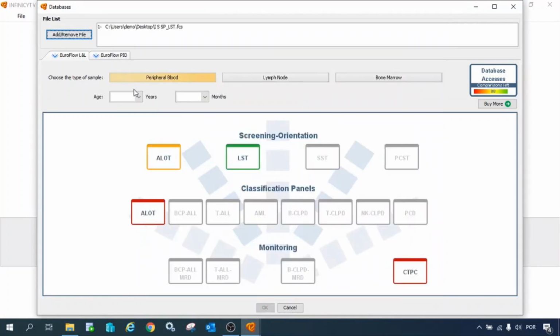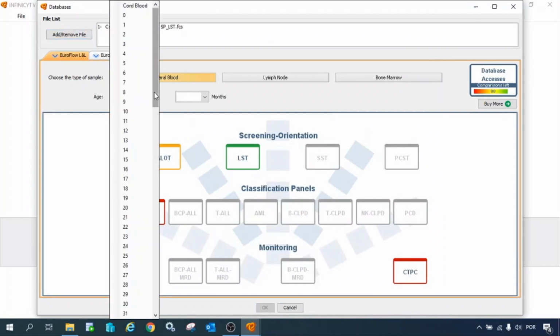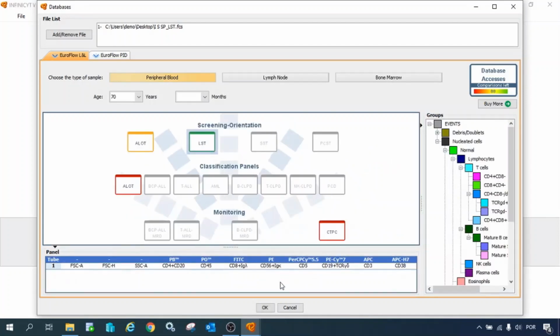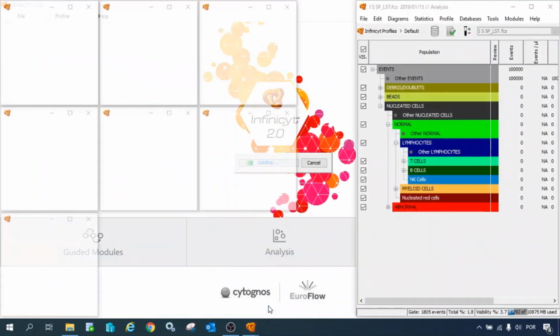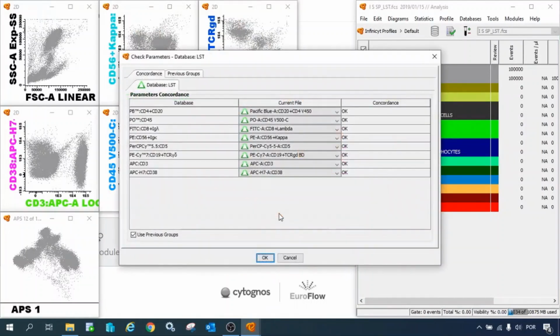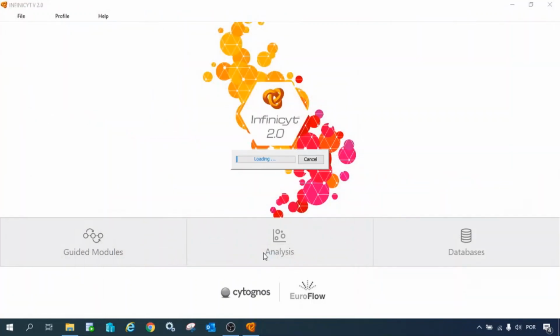Okay. Then I will fill in the age, which is 70 years old. Pick up the LST, give it OK, and the software will start the analysis.